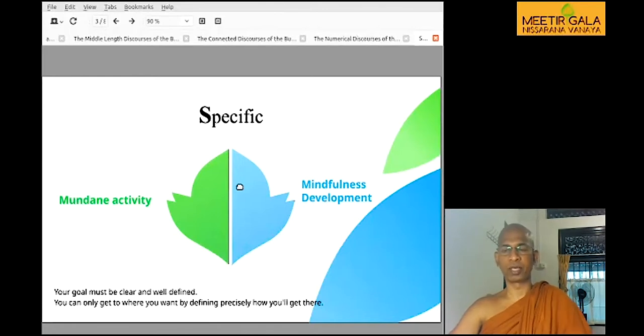And suppose that you are selecting the rising and falling of the abdomen, so that is your specific or primary object, and you are constantly trying to be attentive to the rising and falling of the abdomen. Suppose when you are dealing with walking meditation, at that time you are not trying to get distracted, rather you are trying to be more specific about what you are feeling at your foot.